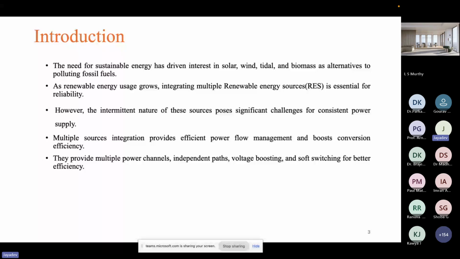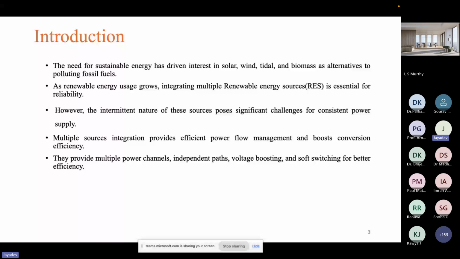Because we are more focused now on clean energy, we are more focusing on the renewable sources, and how to use them efficiently. The renewable energy usage has grown in the last decade. We see renewable energy growing very rapidly.